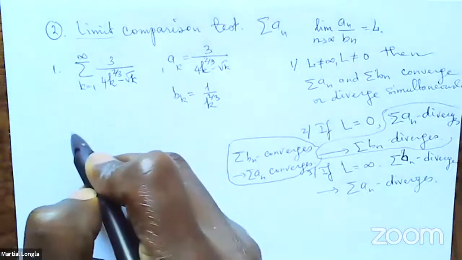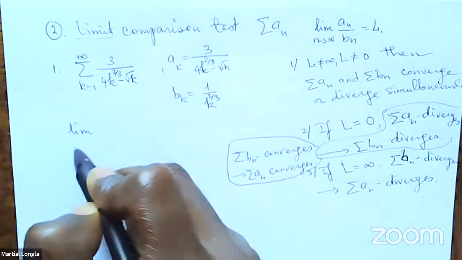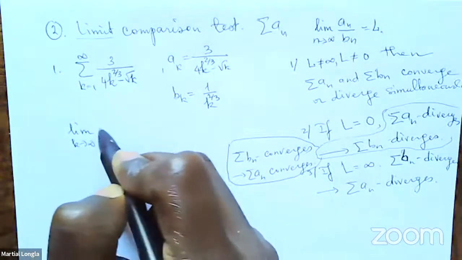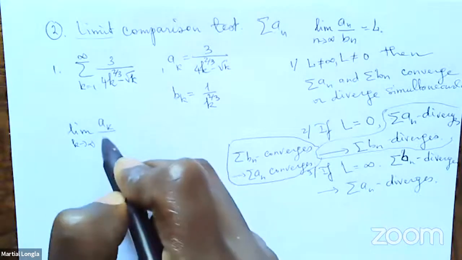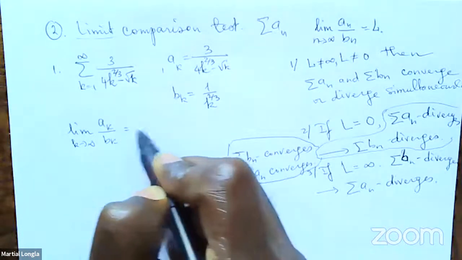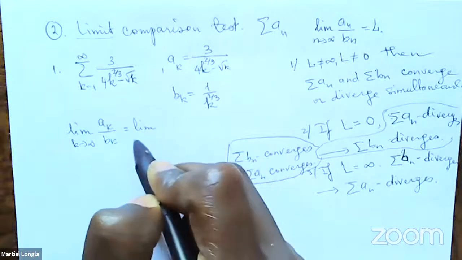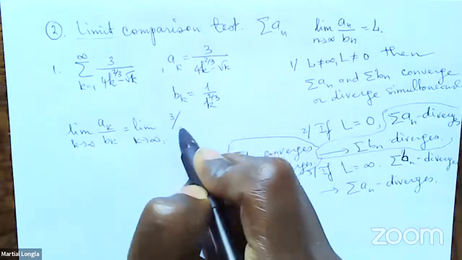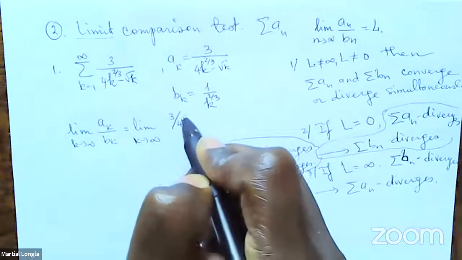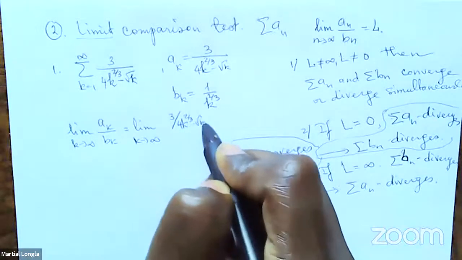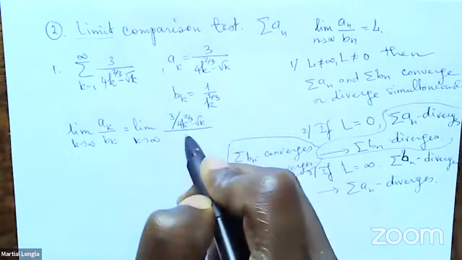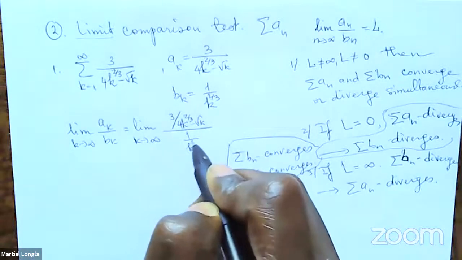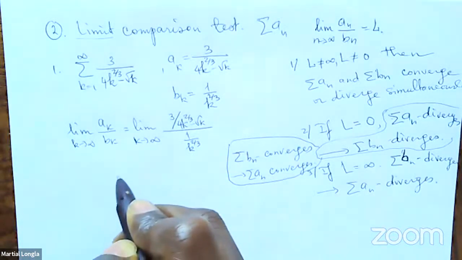And you're going to give me the limit as k goes to infinity of a_k over b_k. That's the limit of 3 over 4k^(2/3) minus root k, over 1 over k^(2/3). You're going to find that limit.